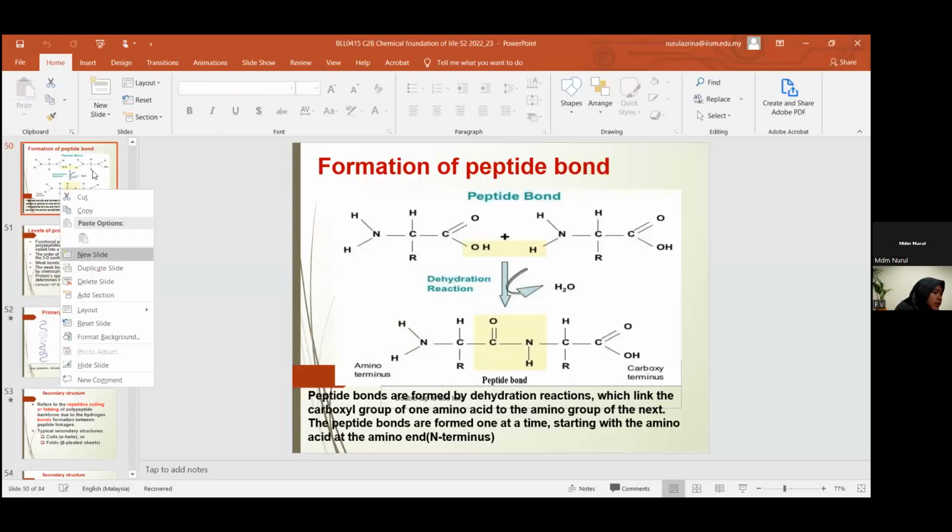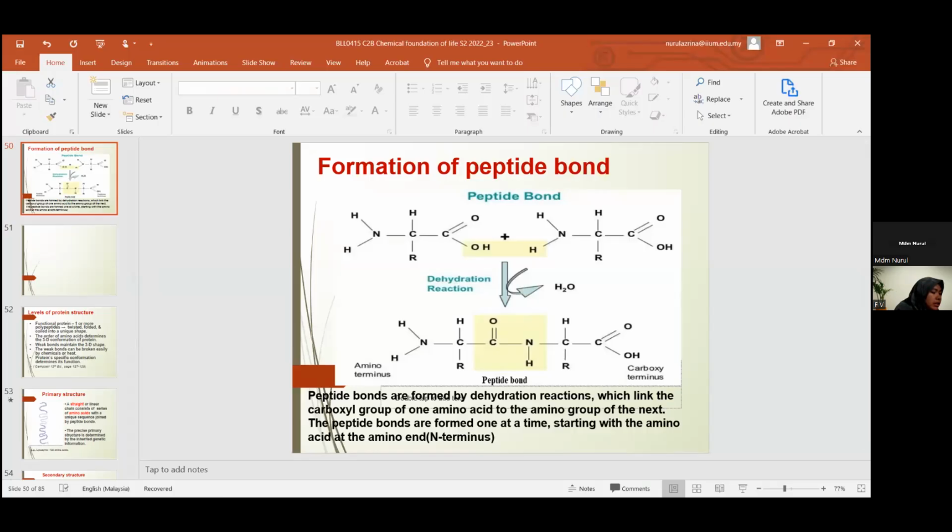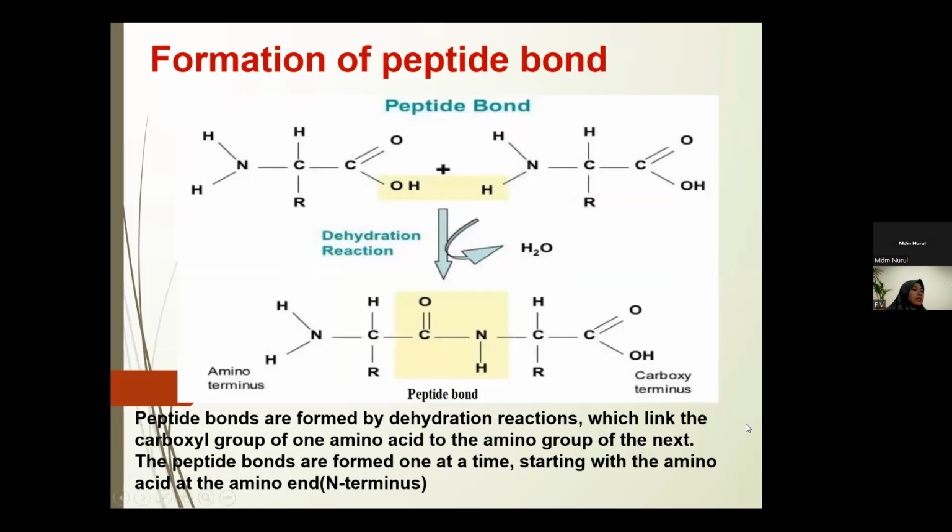Okay, next one is the formation of peptide bond. Okay, kita ulang kaji sikit. Remember for carbohydrate, you dah belajar carbohydrate. Apa nama bond dia? Glycosidic linkage. Alright. You have learned about lipid.